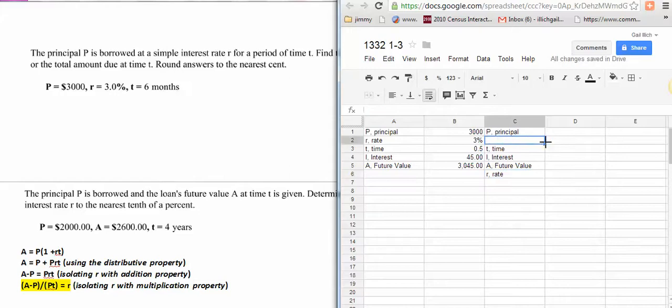So, okay, your principal is the $2,000 for this problem. And the amount that you end up with is $2,600. And the time is 4 years. Okay, now we want to know the interest rate, and we have a formula that we just found.